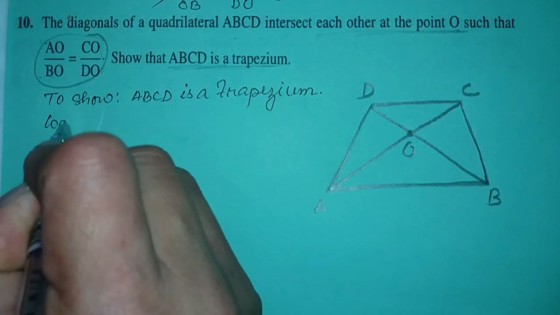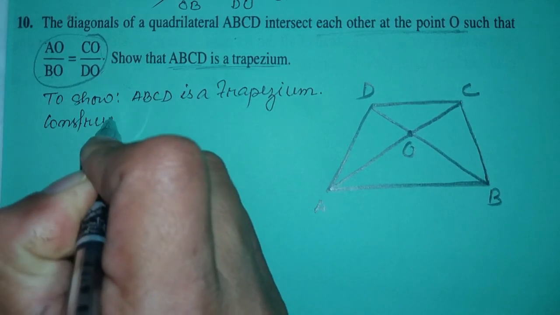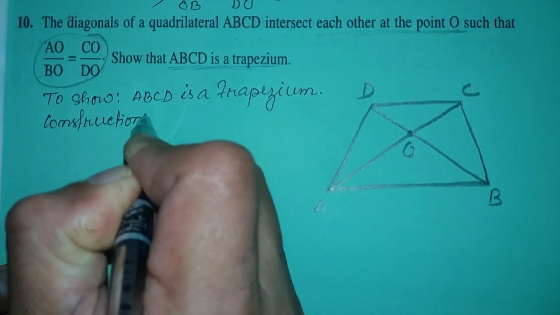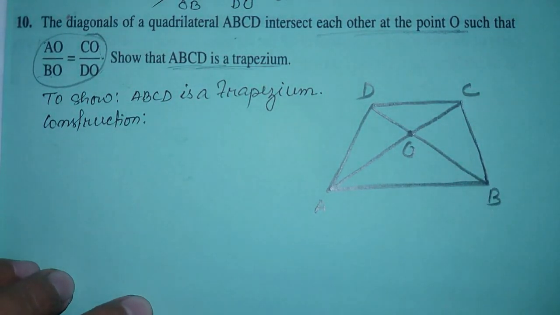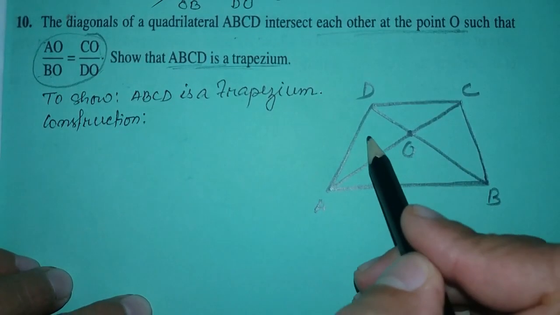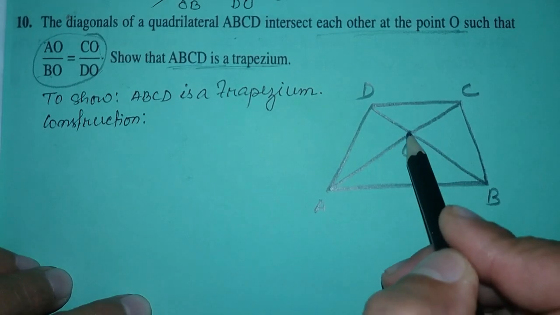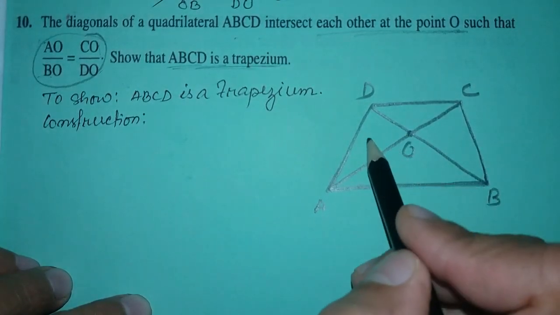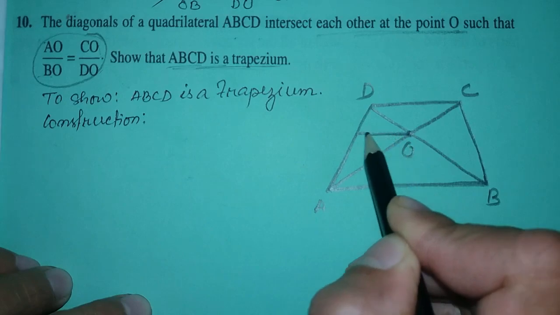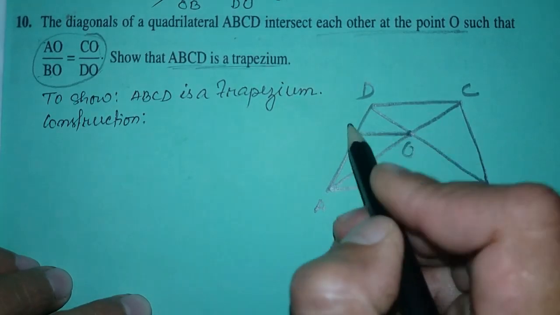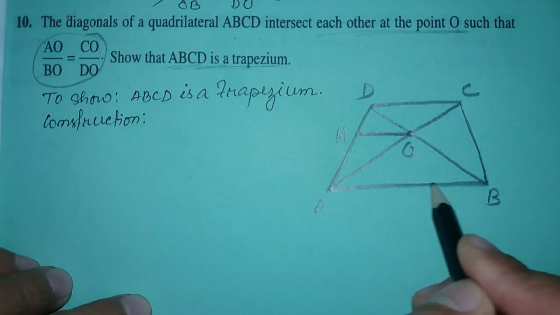We need a construction here. Okay, here to prove this, let's draw a line through O parallel to this AB. Okay, this line is drawn through O parallel to AB.